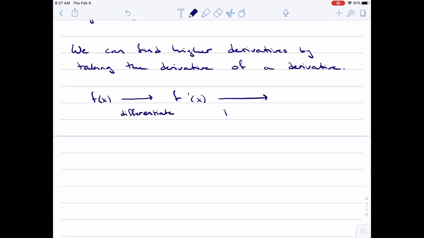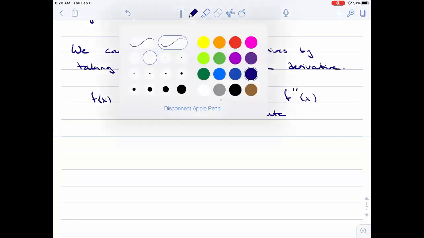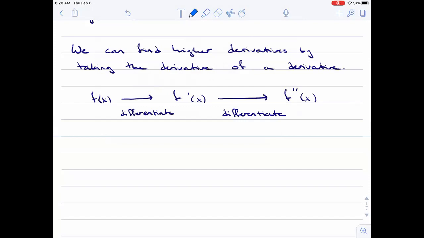If we differentiate that, we end up at f double prime of x. This indicates that it's the second derivative.